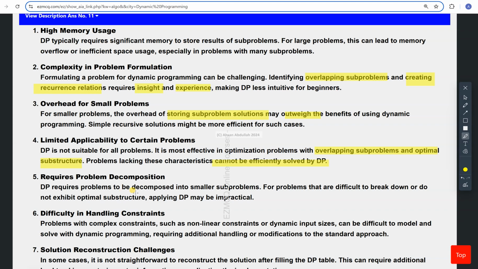Requires problem decomposition, so you need to be able to break the problem into smaller subproblems. For problems that are difficult to break down, or do not exhibit optimal substructure, dynamic programming is not a good choice. It is impractical. And of course there could be non-linear constraints or dynamic input sizes, and they are difficult to model. Why? Because it requires additional handling or modifications of the standard approach, which can introduce a lot of complexities and issues.